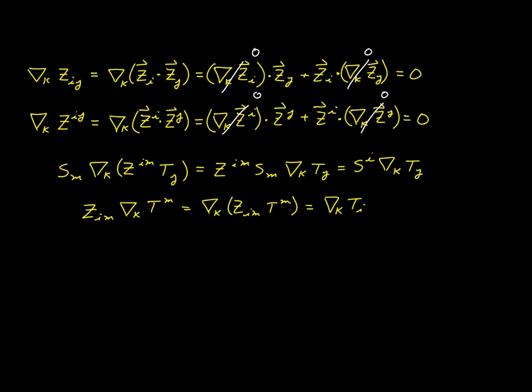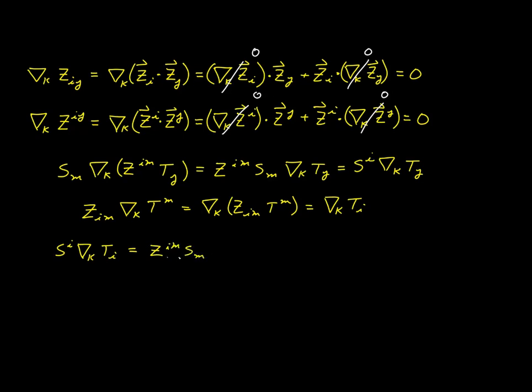Okay, one other example here. Suppose we had something like S^i times the covariant derivative of T_i. Well, this time let's replace each of these individual factors with equivalent expressions. S^i in the upper position is the same as Z^{im} times S_m.